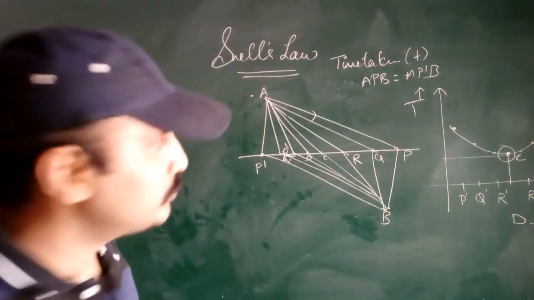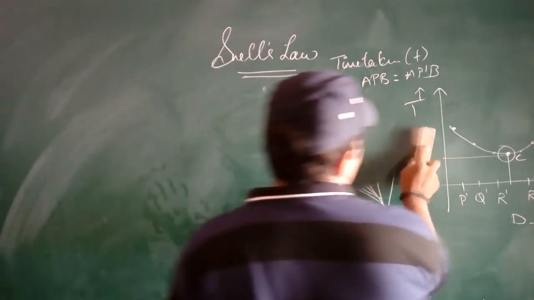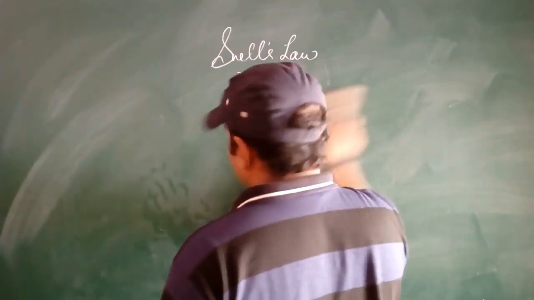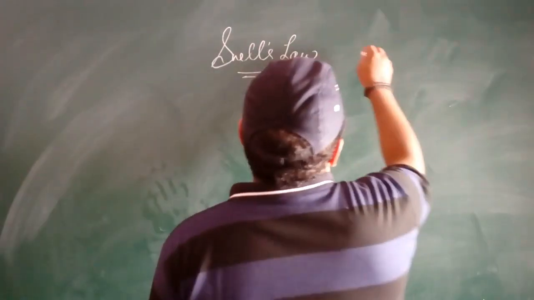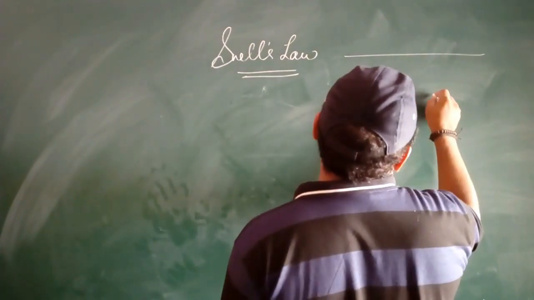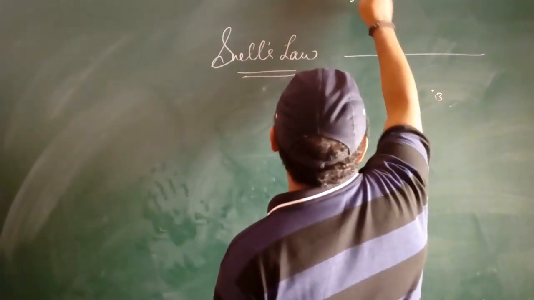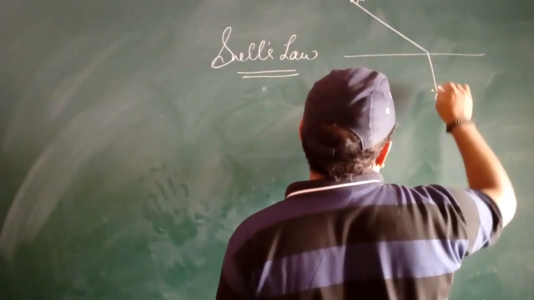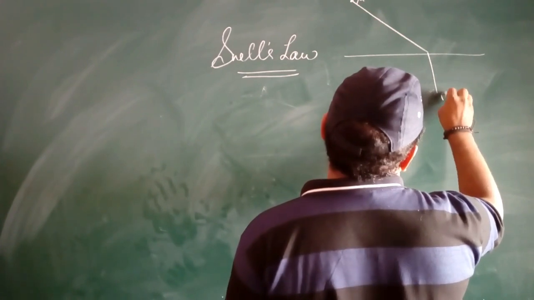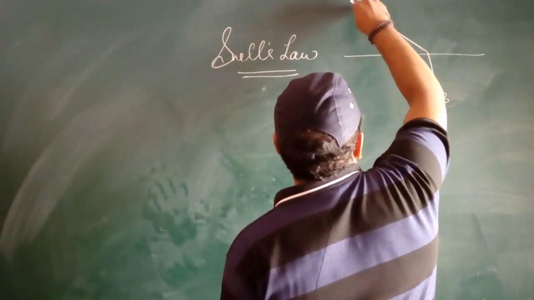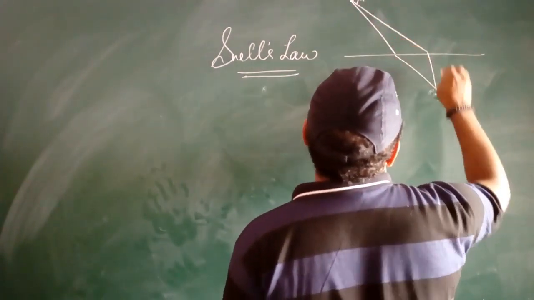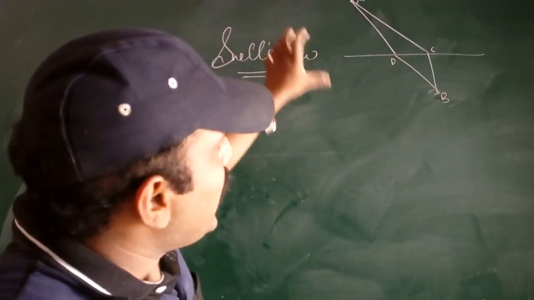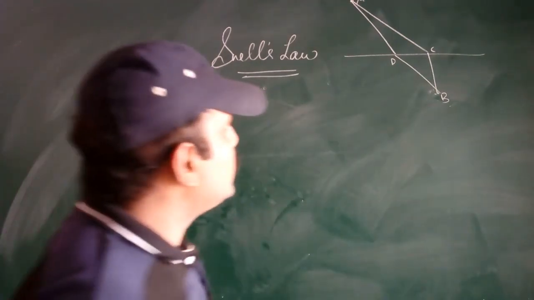Understood? Okay, two paths I have taken, ACB and ADB. Understand?